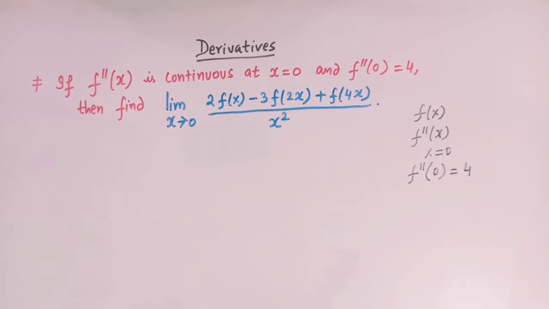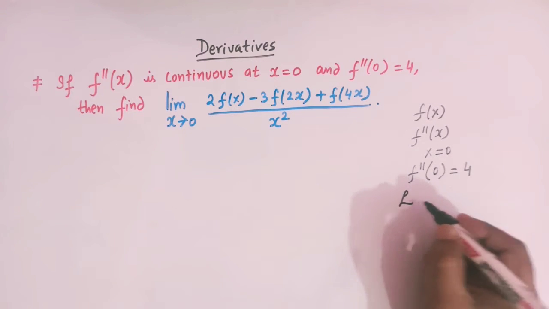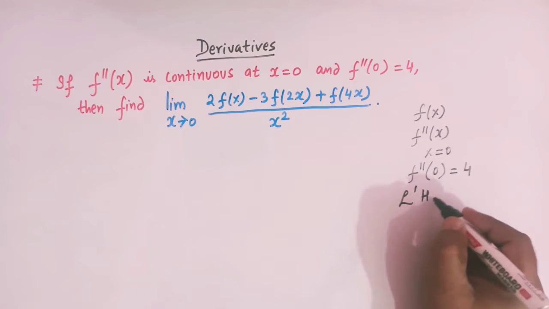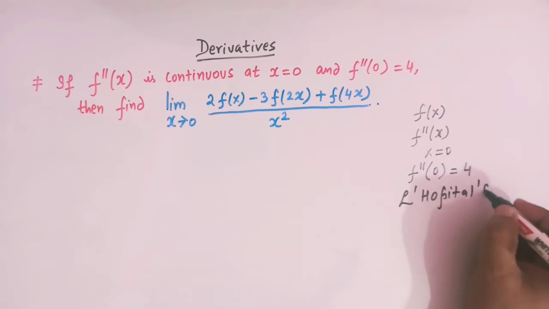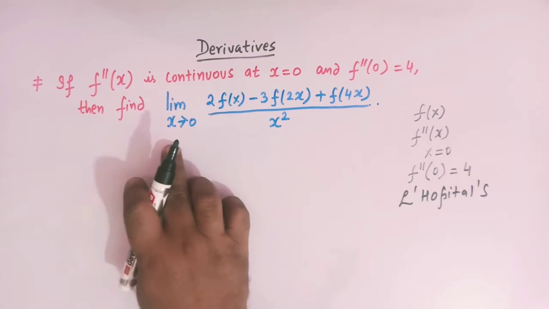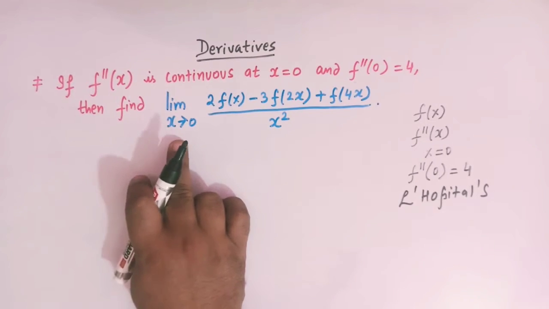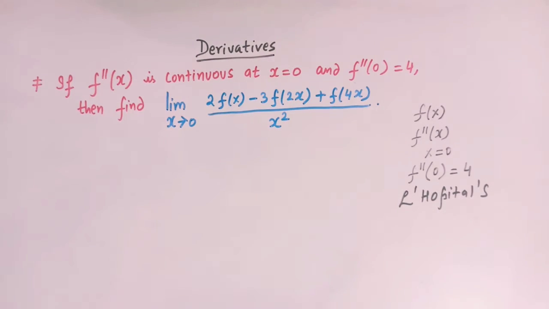So now viewers, in order to solve this problem, we'll take help of a very important method in differential calculus for calculating the limits, right? And the method is known as the L'Hopital's rule, right? So we are going to use the L'Hopital's rule to find out the value of this limit, right?